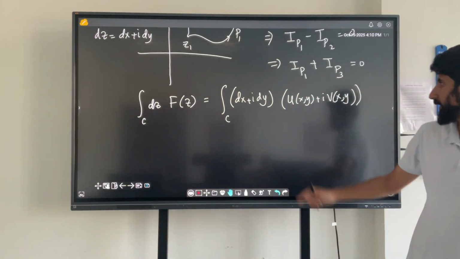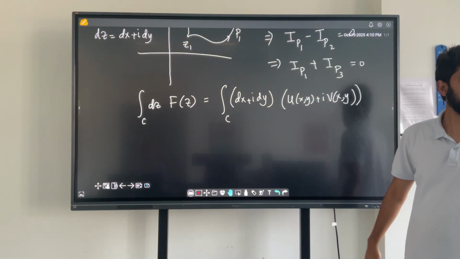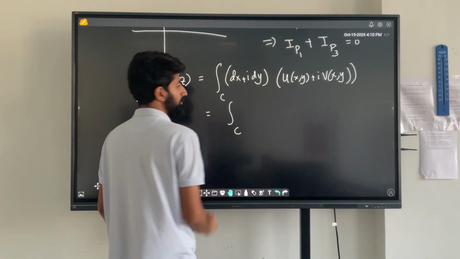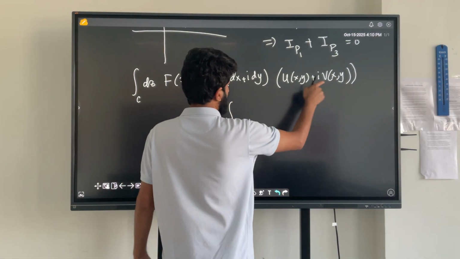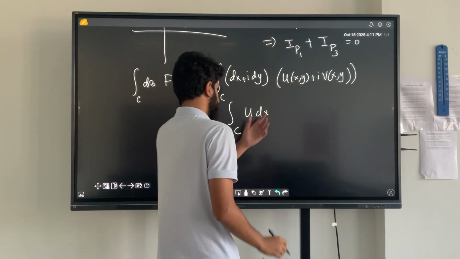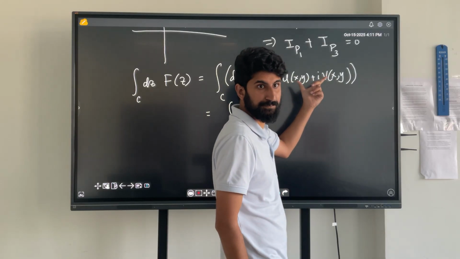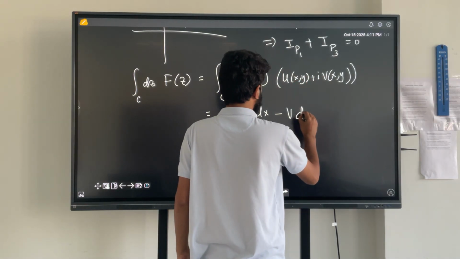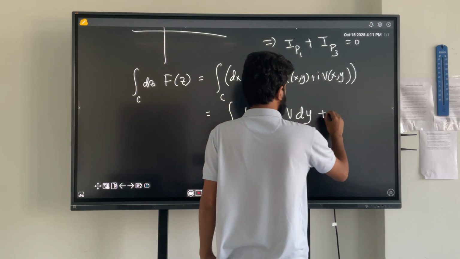Is this fine? So I can multiply, right? I can multiply. So what do I get? Integral over the closed loop. What do I get for the real part? I get u dx, I will drop the x y dependence, minus v dy. Plus, what do I get?